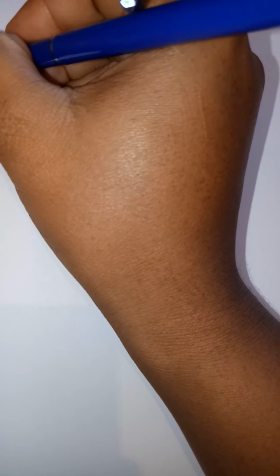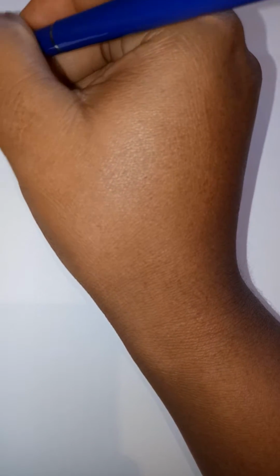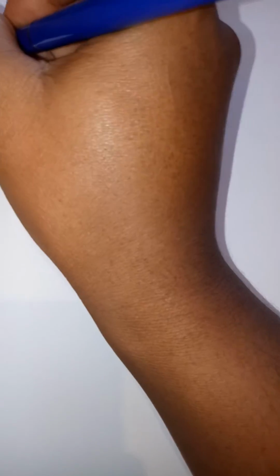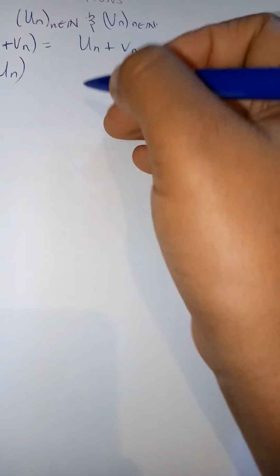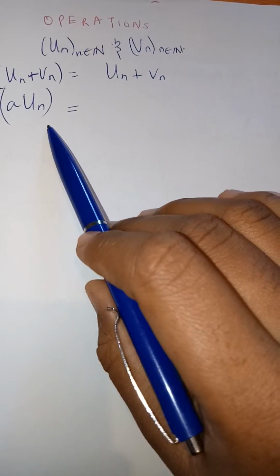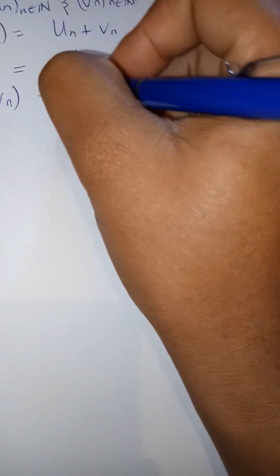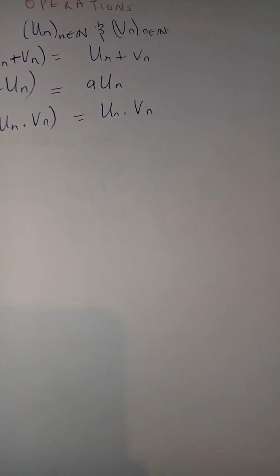If I have a constant, let me call the constant a, and a un, of course I'll give examples so that we'll understand it better. a un is a suite defined as a times un, multiplying the suite by a constant. And if we have two suites, un fois vn, it means we are multiplying two suites, le terme général un fois vn.